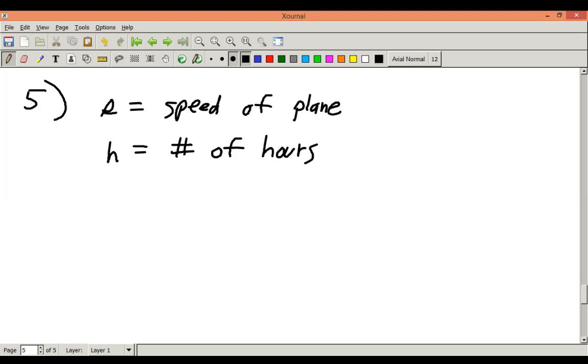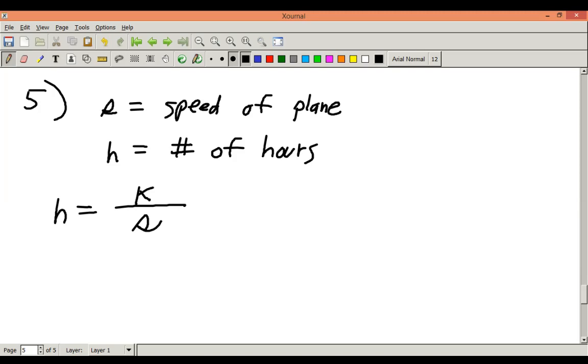And because we've decided that it's an inverse variation, we're going to write the inverse variation equation. So the number of hours it takes equals some constant K, which we're going to find, that's the constant of variation, divided by the speed of the plane. So as the speed of the plane increases, the number of hours required for the trip decreases.